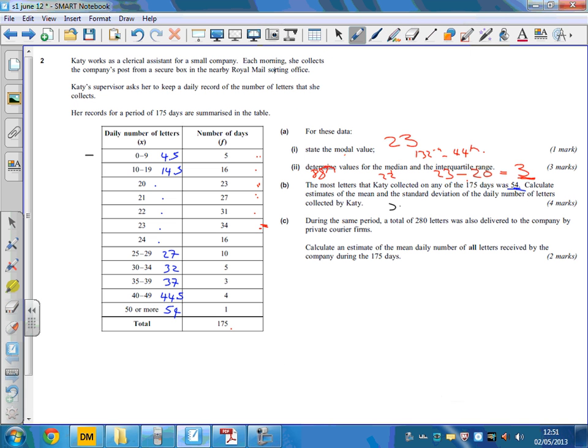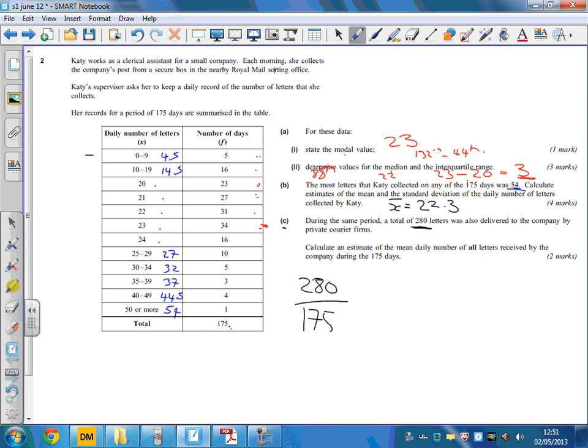Now I said there that the mean was 22.3, didn't I? But now they're going to get some more, and a few people mucked this bit up, that we said we're going to get 280 more letters from the private company. So how many more would you get every day? Well, there's 175 days we're talking about here.